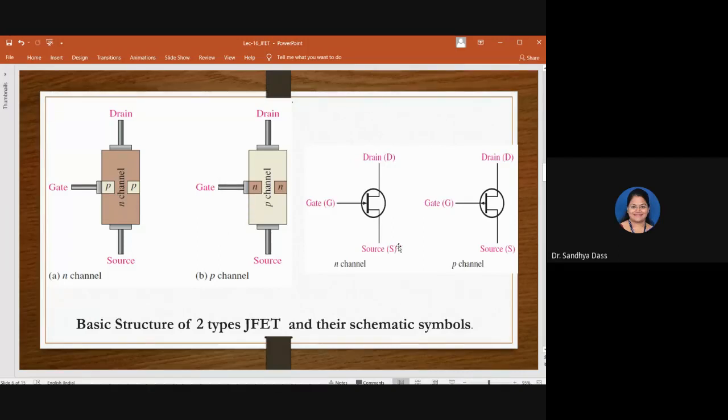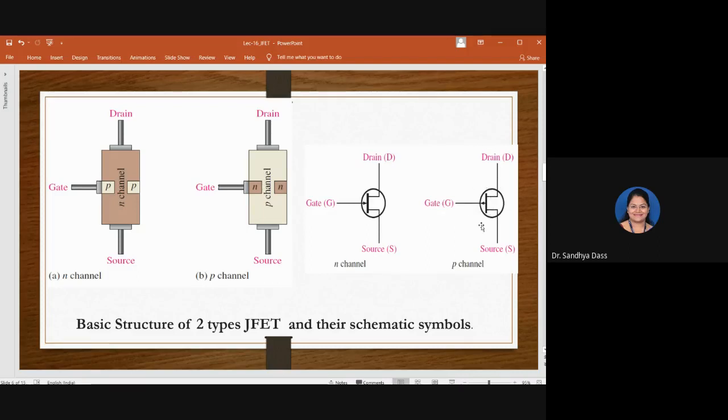And on the right hand side, as you can observe, are the schematic symbols of N channel JFET and P channel JFET. And observe that in N channel, the arrow direction will be inside, and the arrow at the gate terminal will be facing out for N channel.